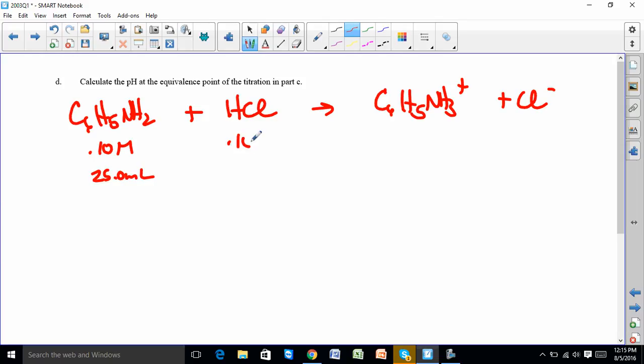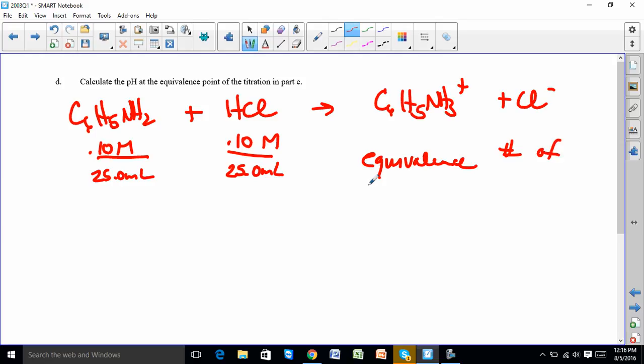And then this is 0.1 molar. And so you don't even have to do the factor label method. What's the equivalence point going to be? 25 mils. The equivalence means you have the equivalent number of moles of acid and base. So if these are the same, then these have to be the same. And so the equivalence point is 25 mils.